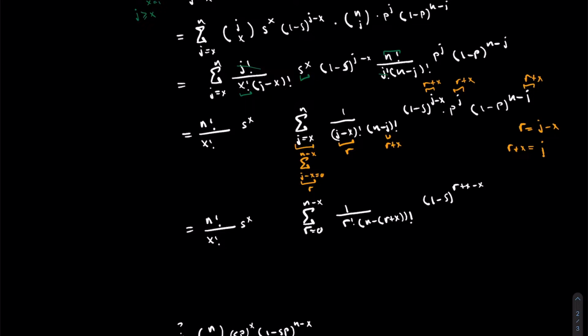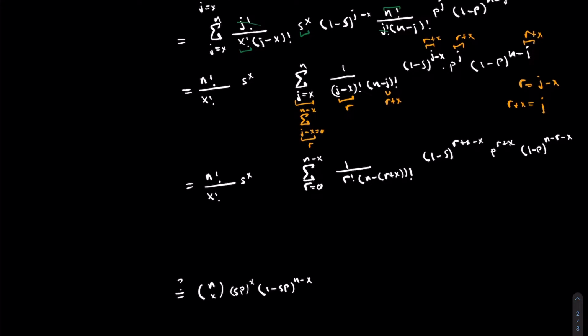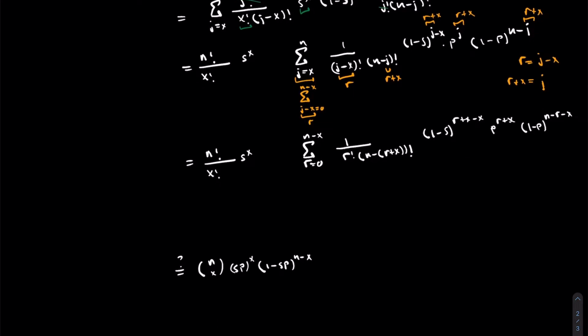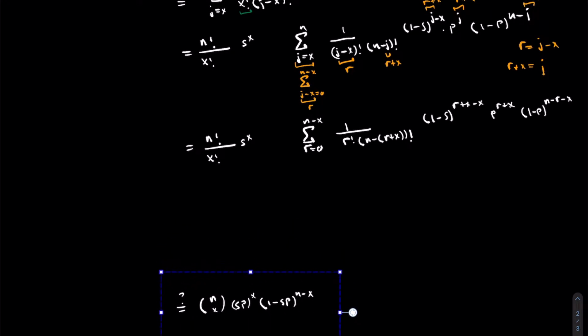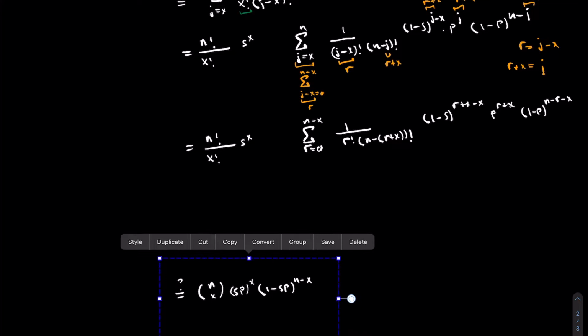So we'll have just one r there. And then we have the p to the r plus x, 1 minus p to the n minus r minus x. Okay. So let's pull out some terms here, like so.